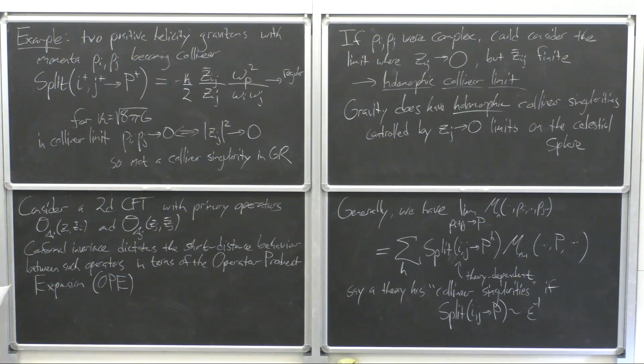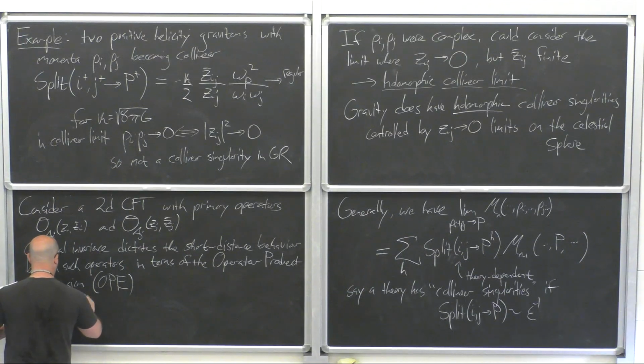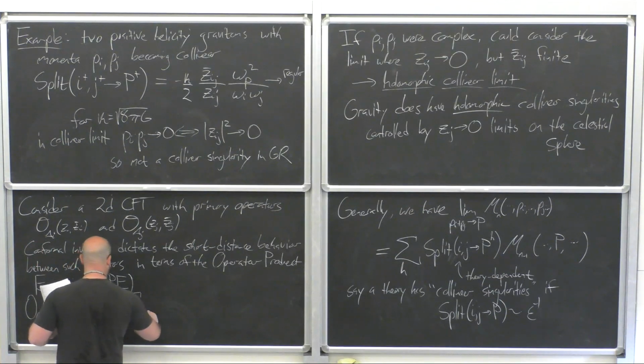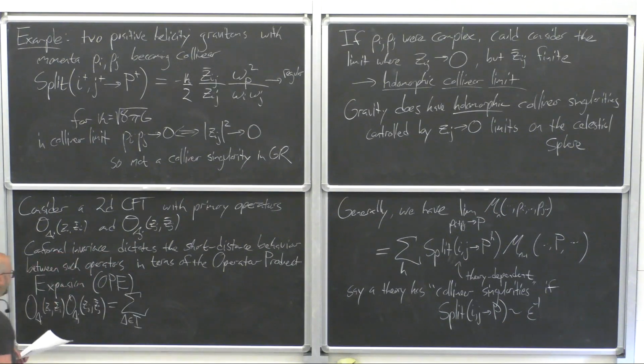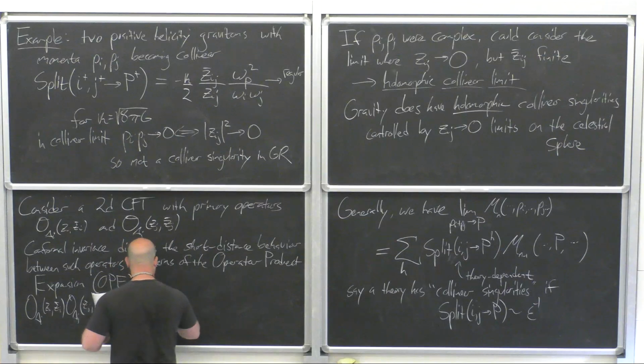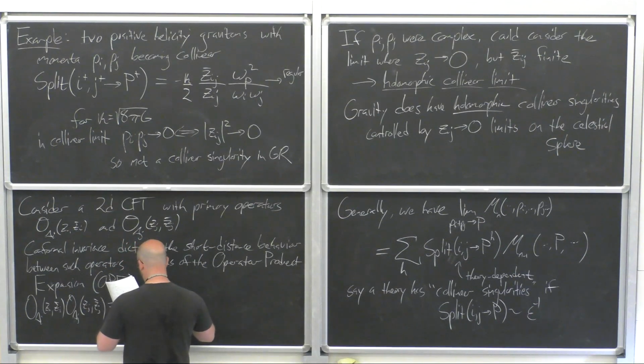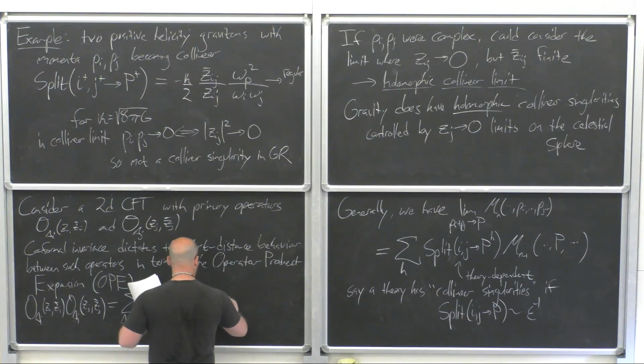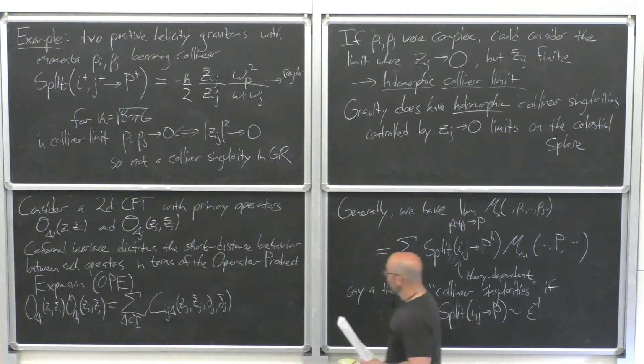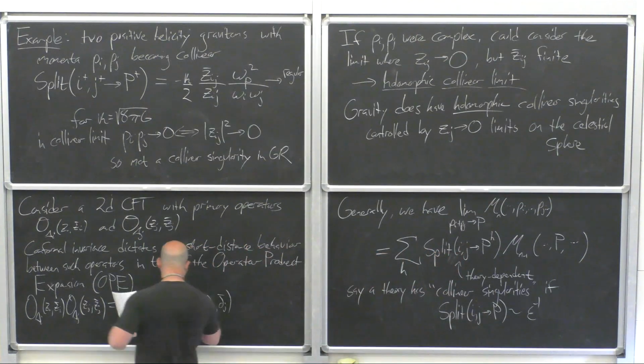Okay, so what does this look like? It says that if I have O delta I, Zi, Z bar I, times O delta J, Zj, Z bar J in my CFT, I can write their product in terms of a sum over all the admissible scaling dimensions in the theory times some coefficients, Ci, J, delta, which are functions of the separations between the two operators, holomorphic and anti-holomorphic.